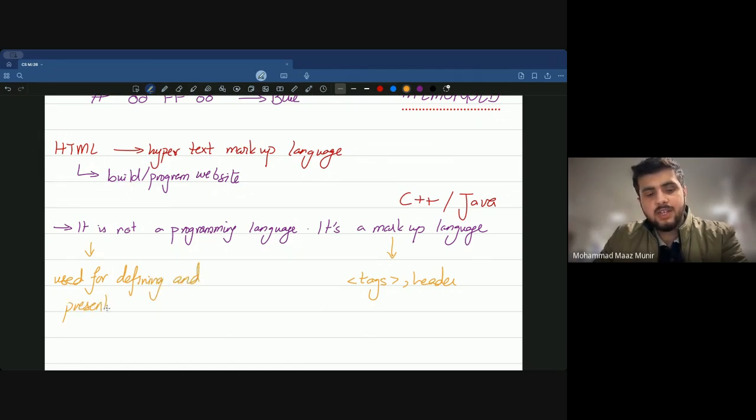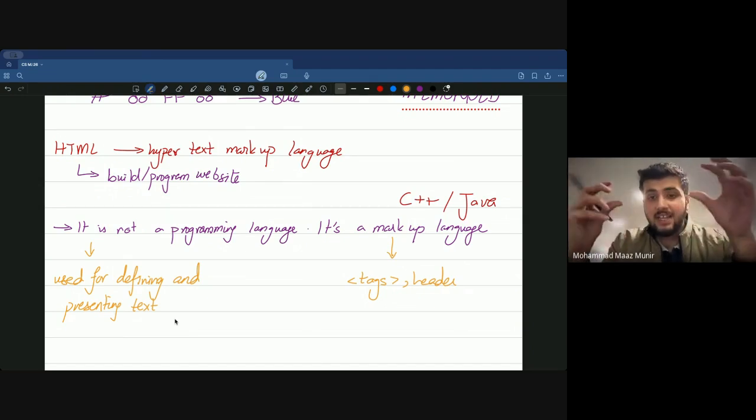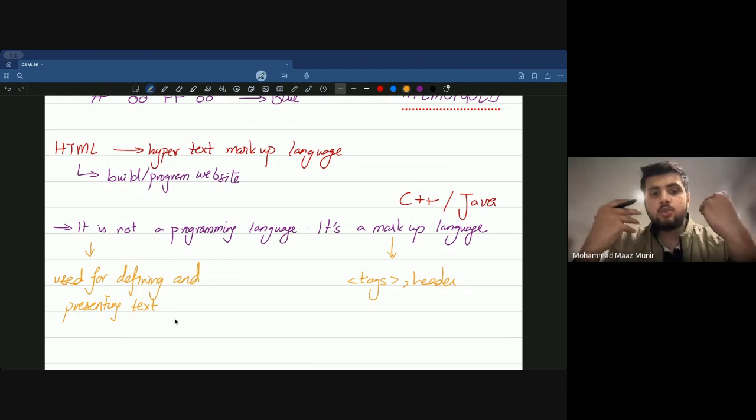So if I want to write a specific line or sentence in red color, the specific code used to ensure that the line is represented in red color would be done through HTML.